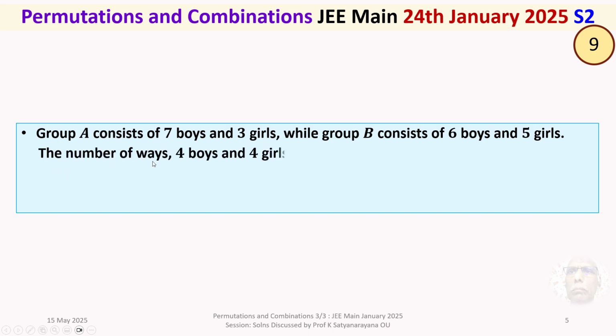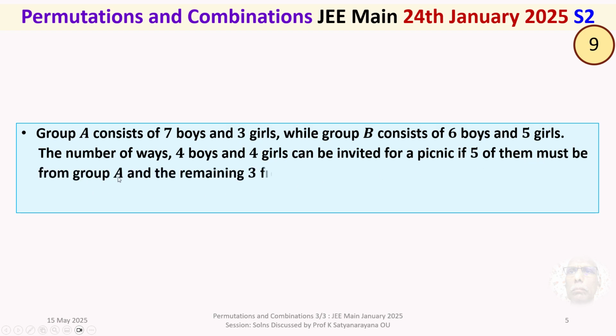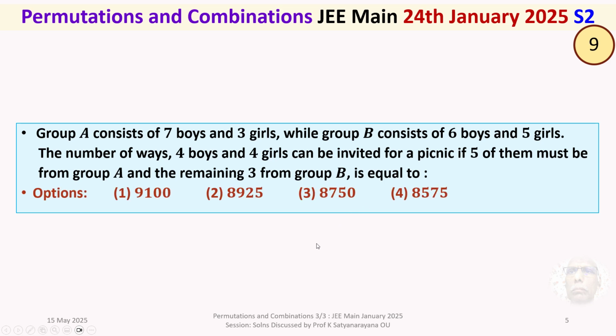The number of ways 4 boys and 4 girls can be invited for a picnic if 5 of them must be from the Group A and the remaining 3 must be from the Group B is equal to. We are given 4 options.